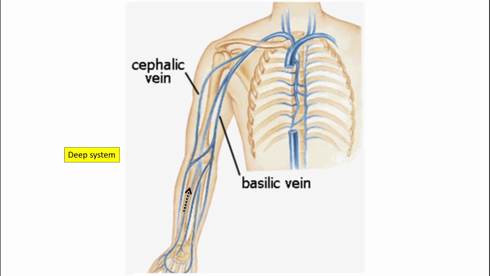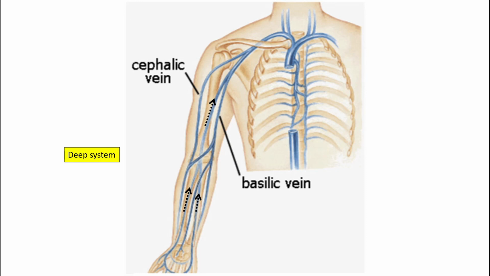So, the deep system: if we have a radial artery, then accompanying it is the radial vein, and the same situation is the case with the ulnar artery, deep between muscles, and these veins will unite to form the brachial vein, accompanying the brachial artery.